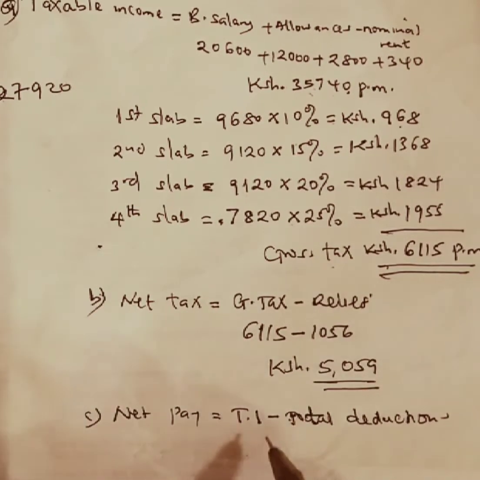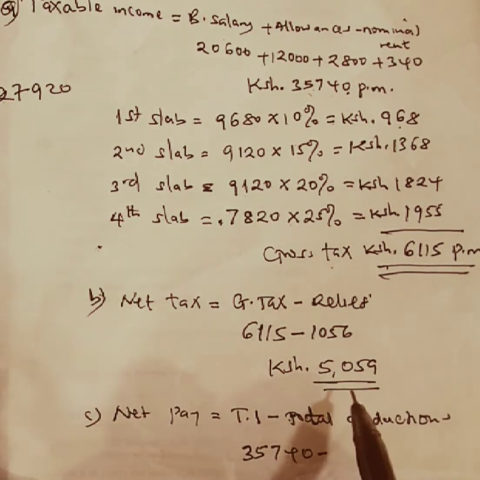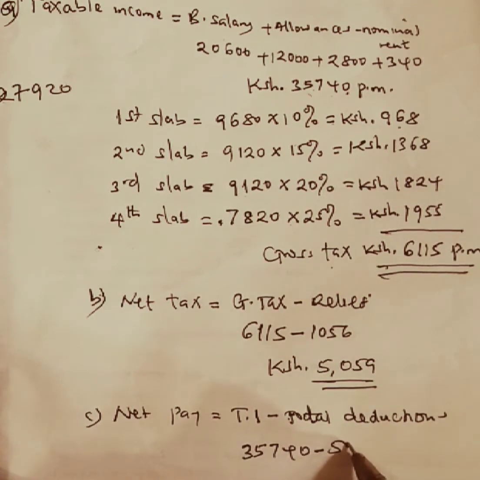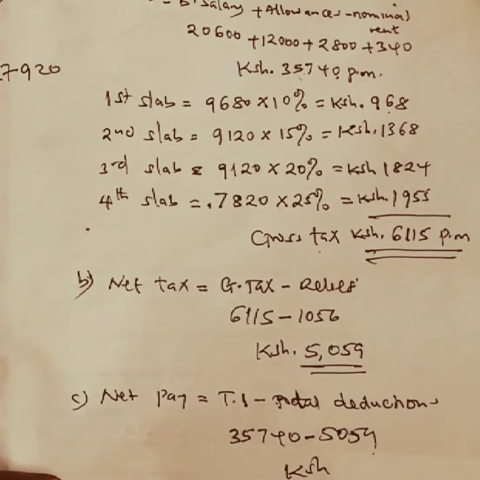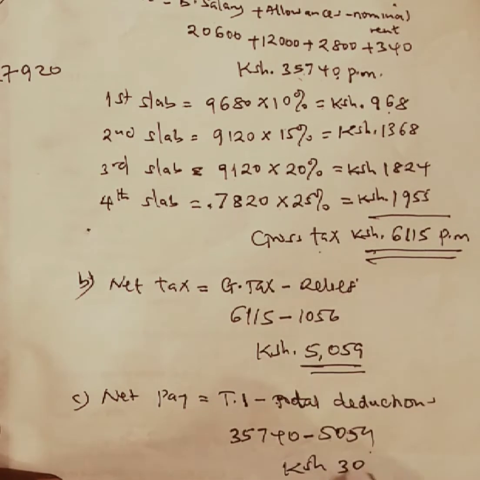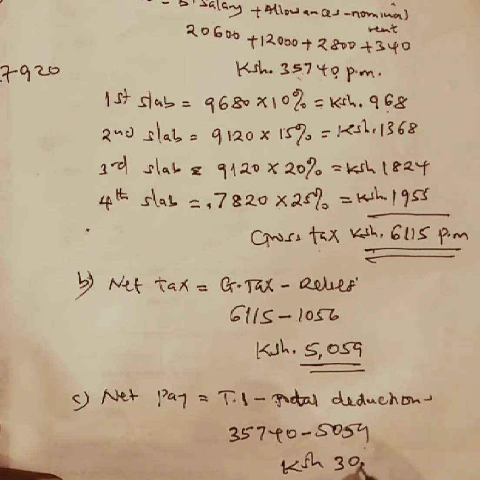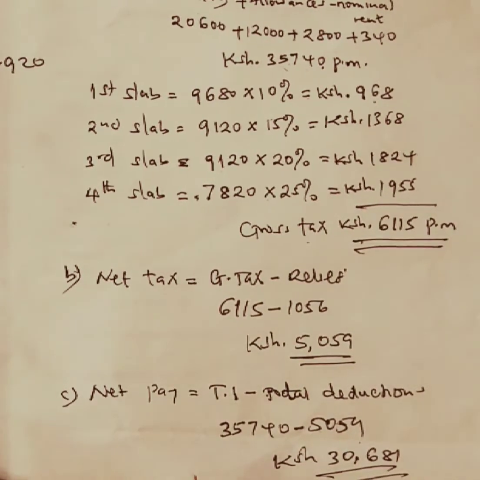And in this case the taxable income is 35,740, and the only deduction we have is that of the net tax, which is 5,059, and this gives us Kenya shillings 35,740 minus the tax that this person pays, and this individual is going to end up earning 30,681, and that is the answer to this question.